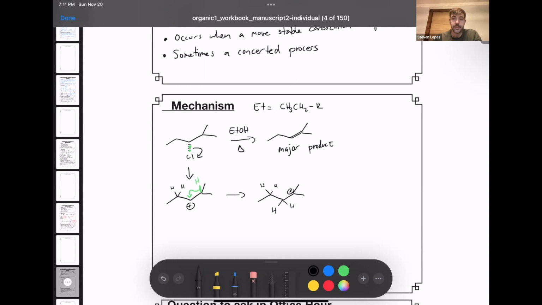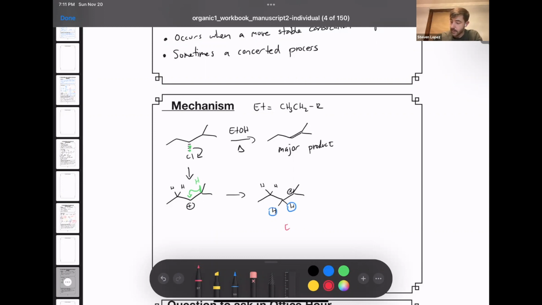Remembering that this is an elimination reaction and you have to get to an alkene at the end of it, you realize that you need to deprotonate this intermediate. The only hydrogens that you can deprotonate to get to the major product, which is the mechanism that we need to draw, are these. Either of these are identical.